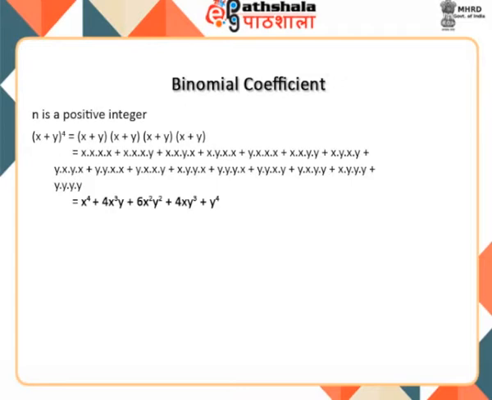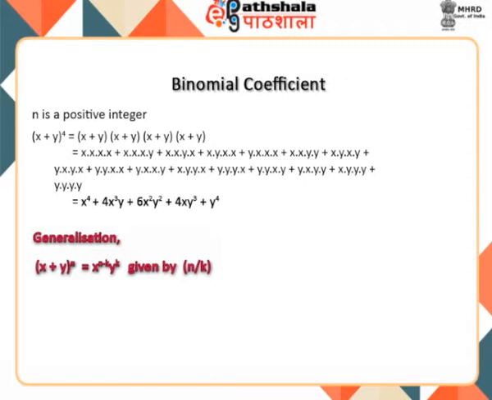Similarly, the coefficient of x y raised to the power 3 is 4 choose 3, which is equal to 4 ways in which we can choose three factors providing the y. This leads us to generalize the above example to imply that if n is a positive integer and we multiply out x plus y raised to the power n term by term, then the coefficient of x raised to the power n minus k, y raised to the power k is given by n choose k.